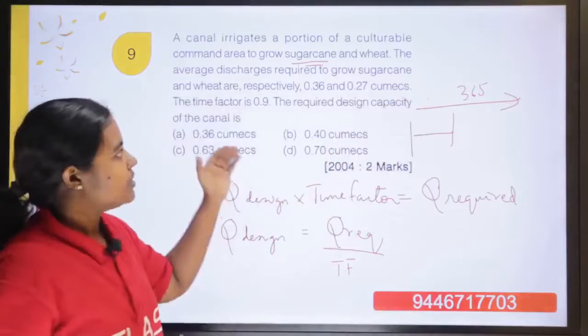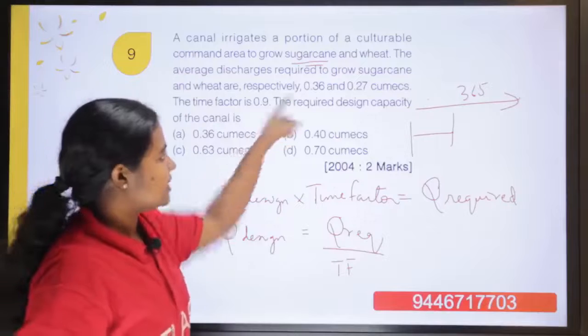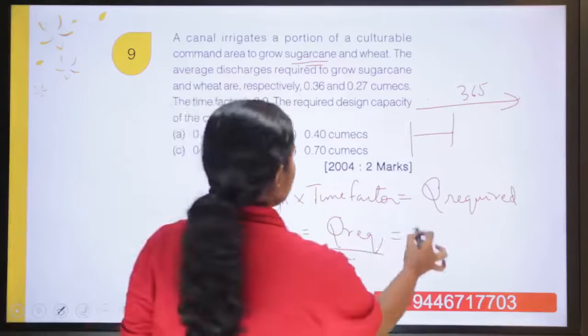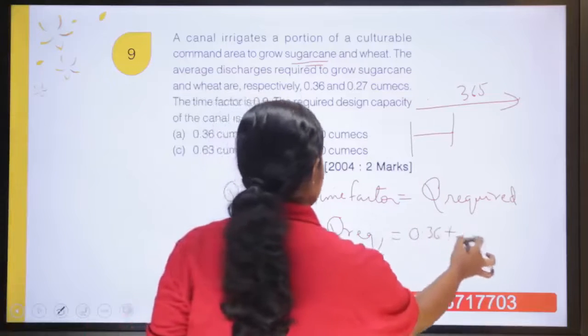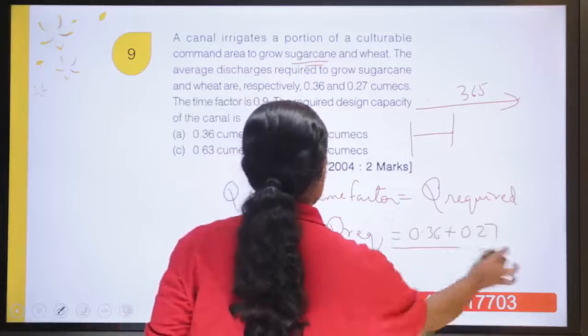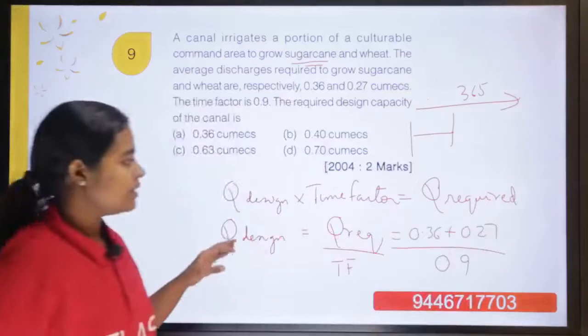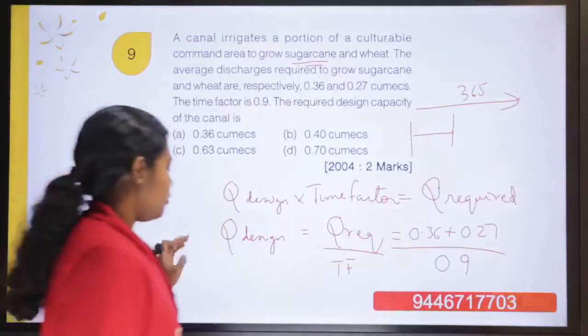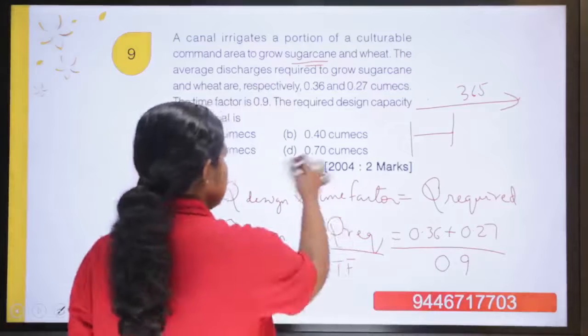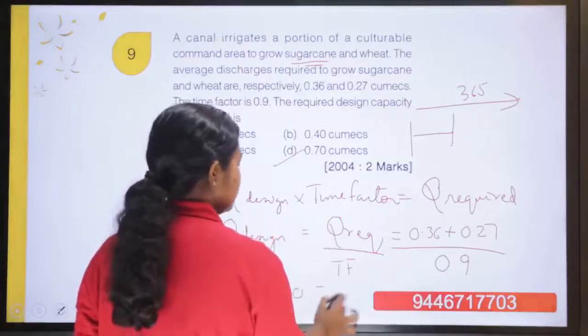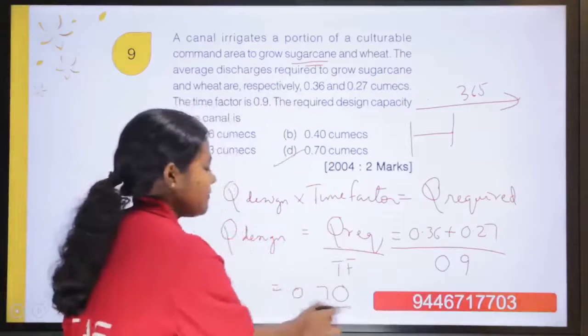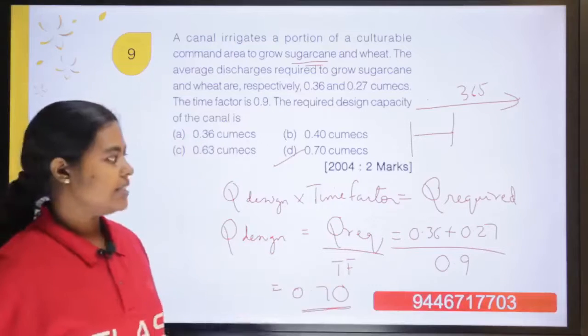The total discharge required will be 0.36 plus 0.27 divided by the time factor, which is 0.9. By solving this, we get the design discharge as 0.70 cumec.